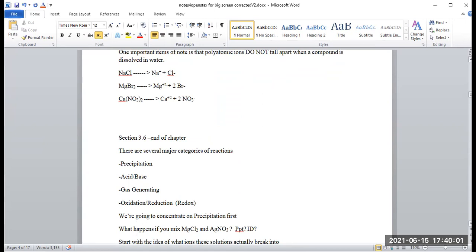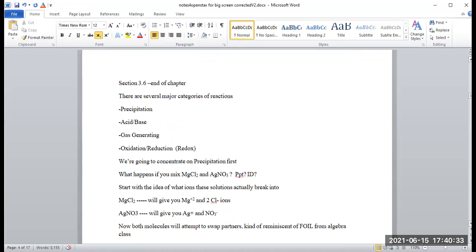We are going to loosely divvy them up into 4 categories: precipitation, acid-base, gas generating, and oxidation reduction, often shorthanded as redox. So this all heads in the direction of an upcoming lab known as the metathesis lab.